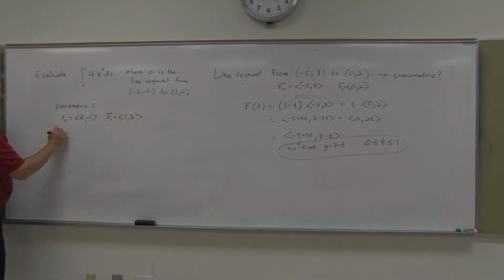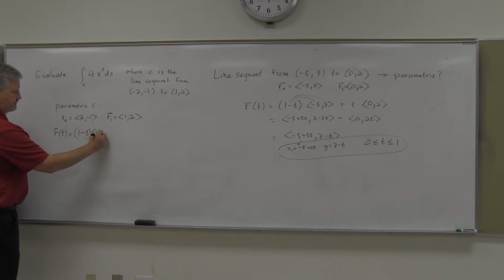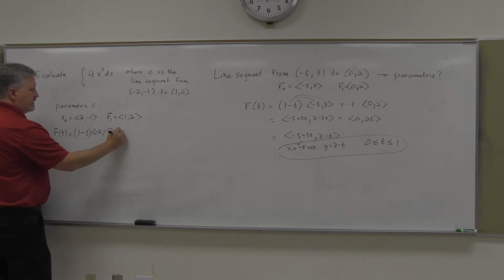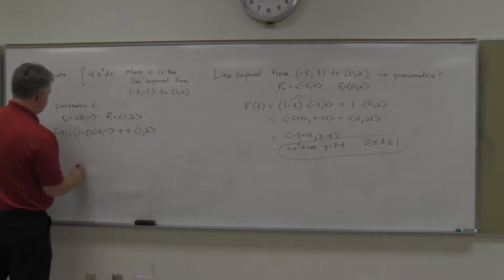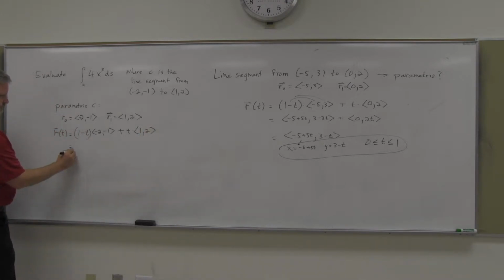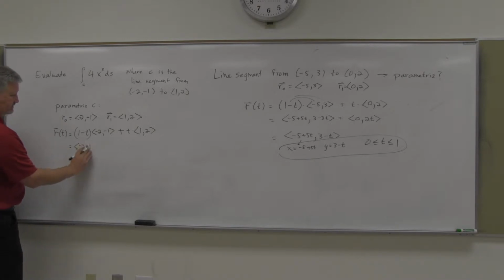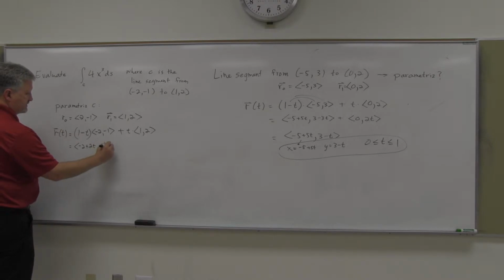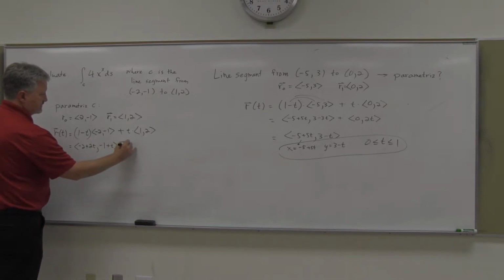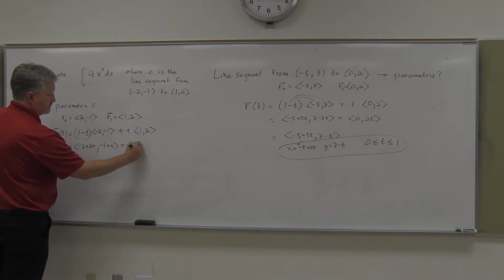And then R of t is (1 minus t) times your R0 plus t times your R1. What does that give me? Well, again, we write it out: negative 2 plus 2t, comma, negative 1 plus t, plus then your t, 2t.